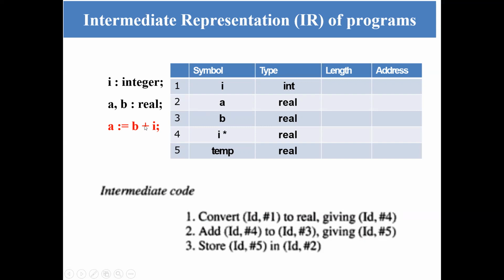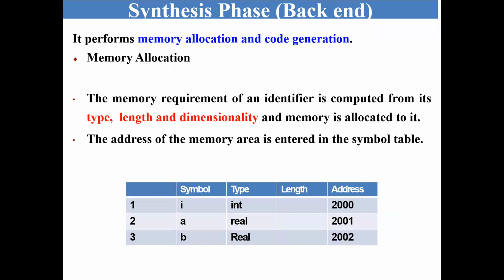This is the B. So B plus I star giving ID 5 means the result is stored in a temp variable. Now next, store that ID 5, which is the temp, in ID 2. What is 2? That is the A. So this is the flow to write the intermediate code, right?